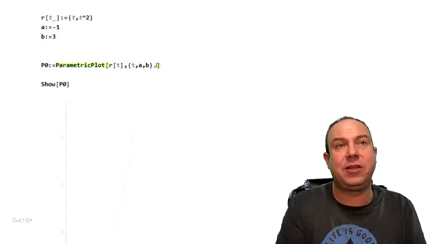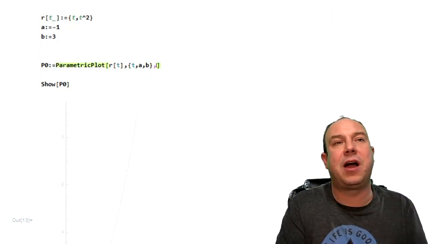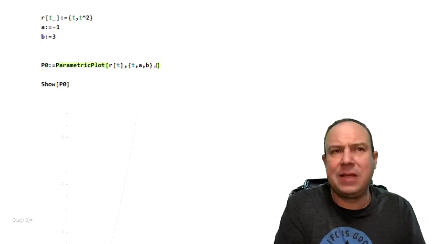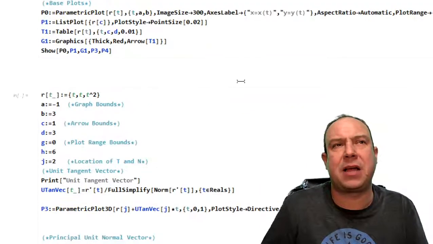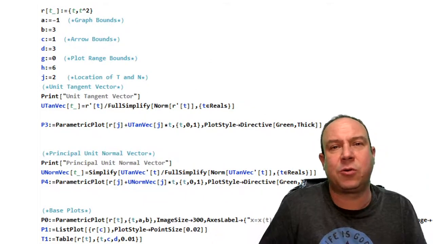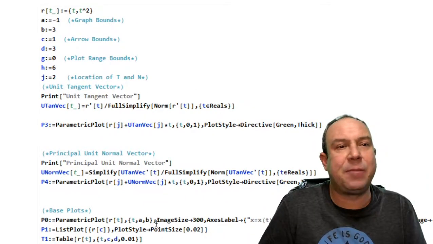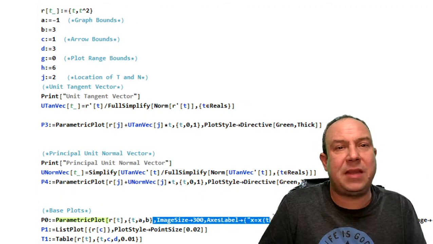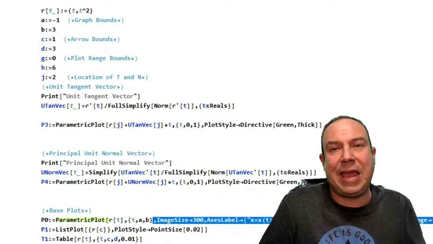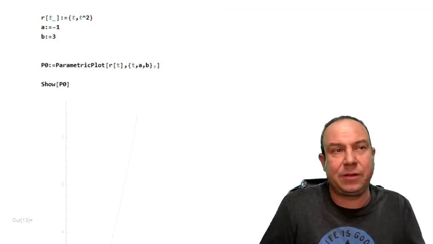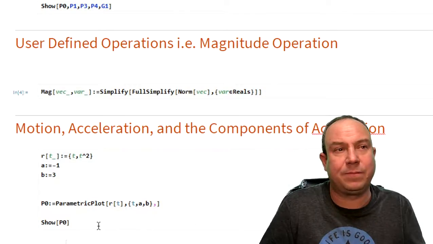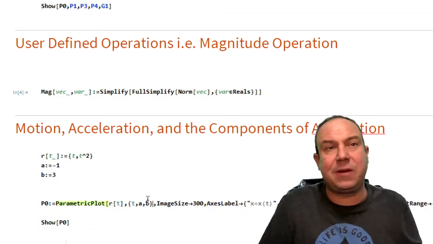What might we do here? Let's go up and grab some of the plot commands we had up above. That's sometimes a quick shortcut. For example, for this base plot, let's grab that image size, that labeling, and even that plot range, and bring that down into this program. I've got my double comma there; let's get rid of that.